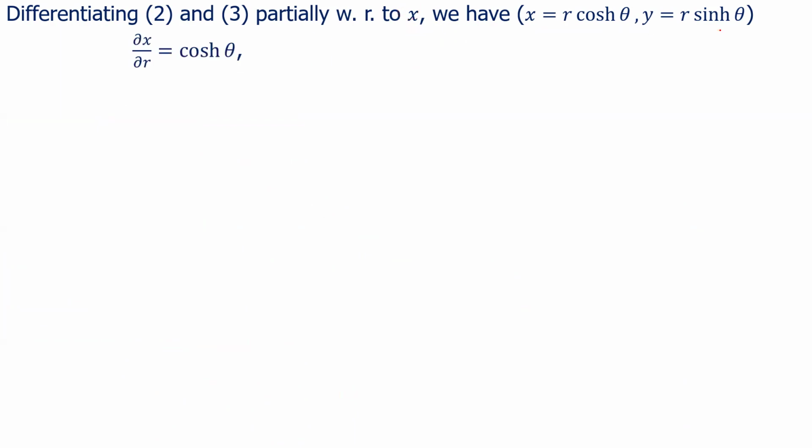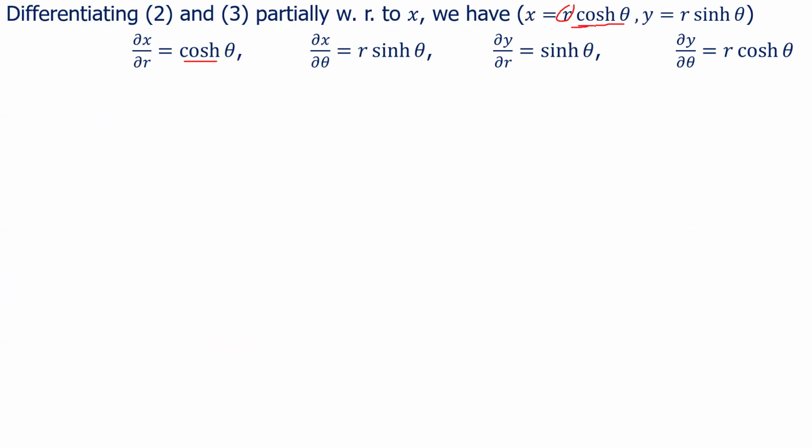So del x del r is equal to cosh theta. Why? Because cosh theta is constant with respect to r, and the derivative of r is 1. So we have only cosh theta. Similarly, del x del theta: the derivative of cosh theta is only sinh theta, no negative sign comes here, and we multiply by r.